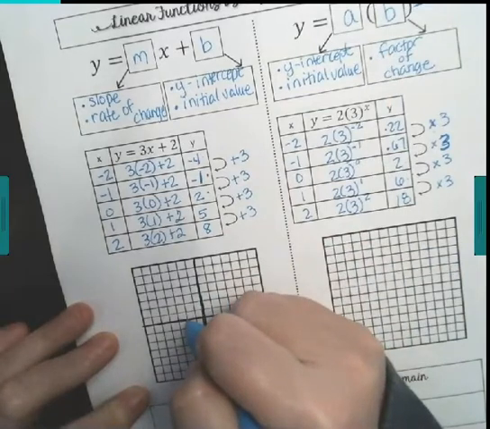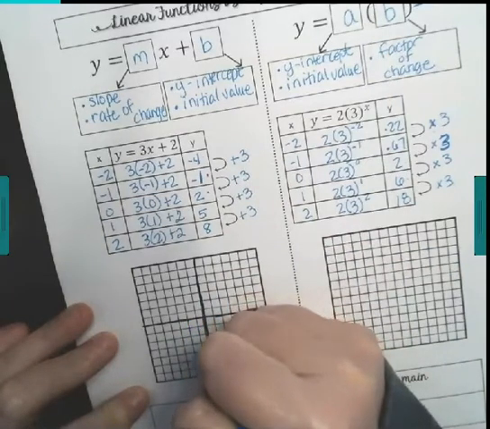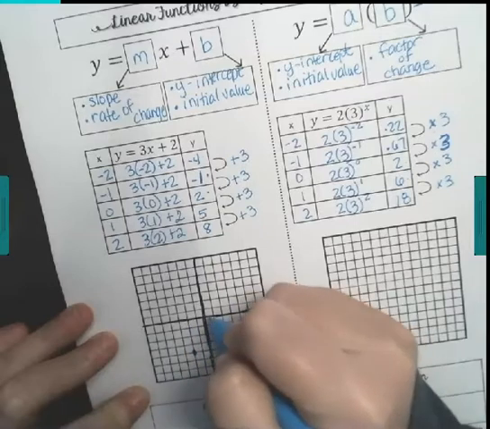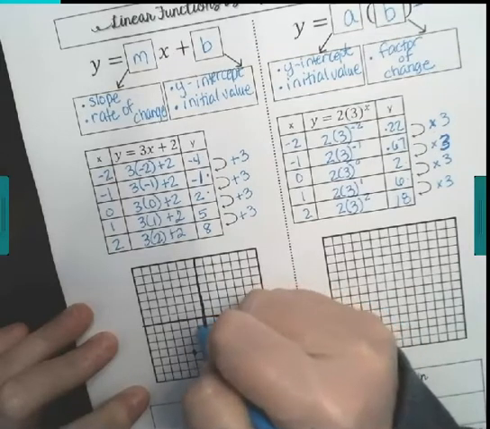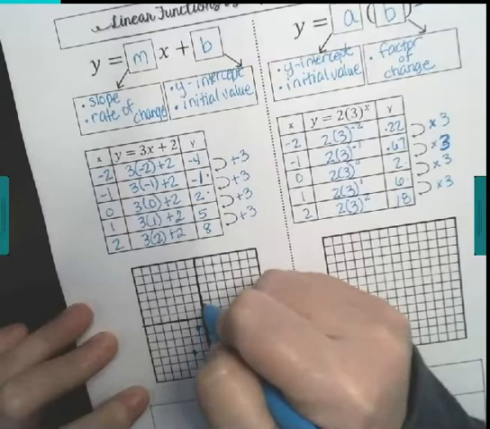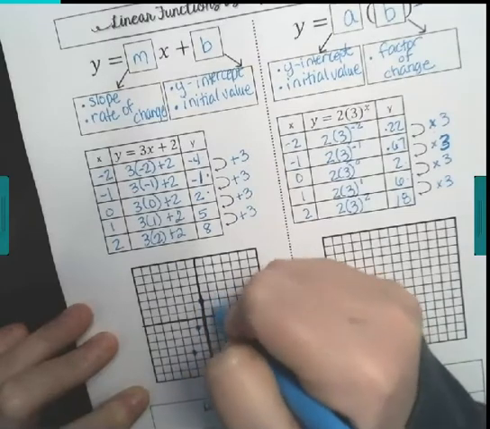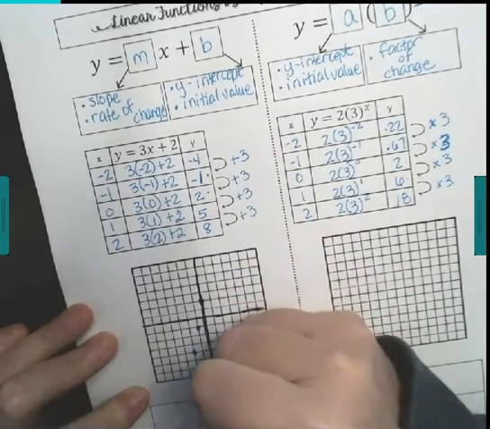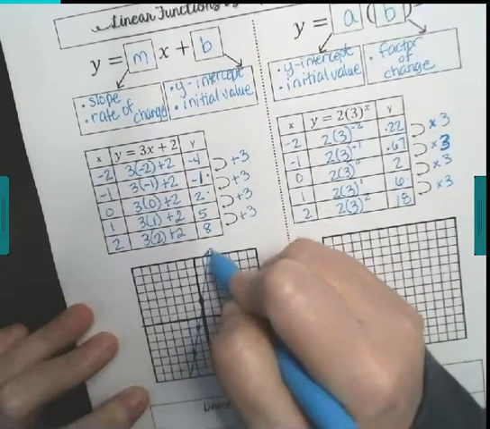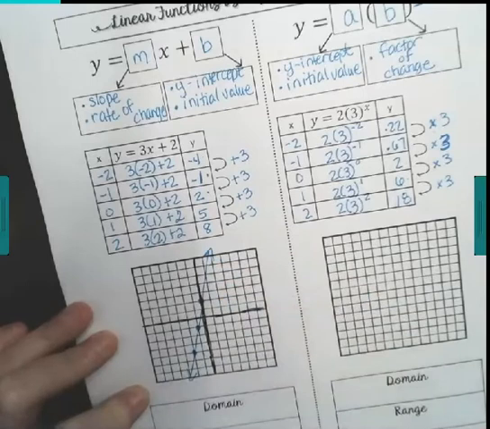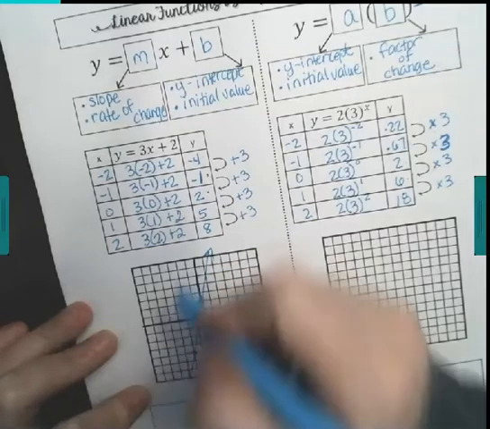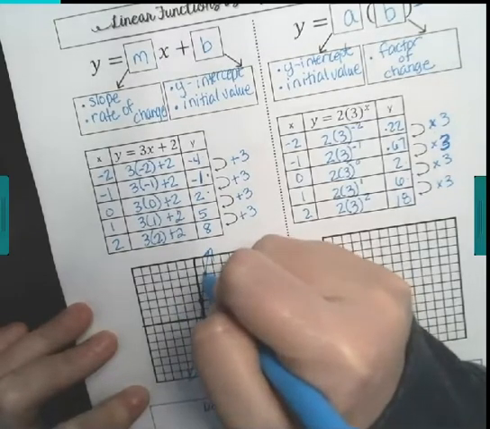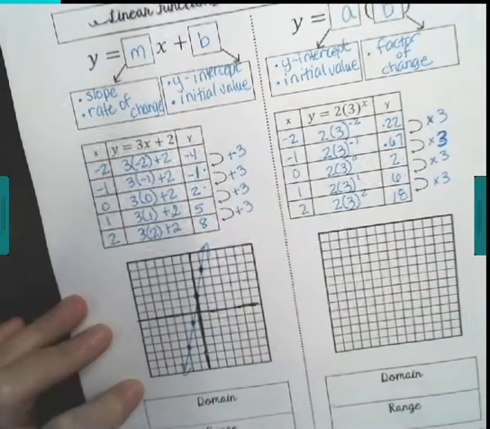So negative 2, negative 4, and negative 1, negative 1, 0, 2, and 2, 8 is going to go off of our grid here, so we're just going to go like that. Oh, but we can do 1, 5.